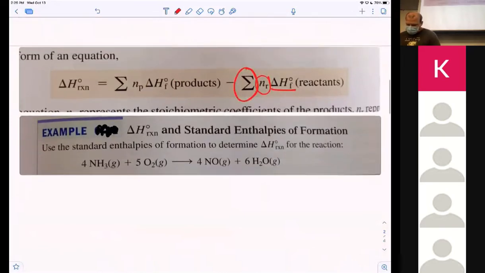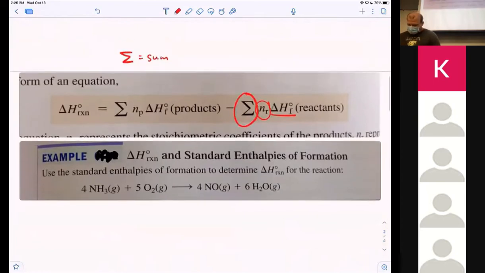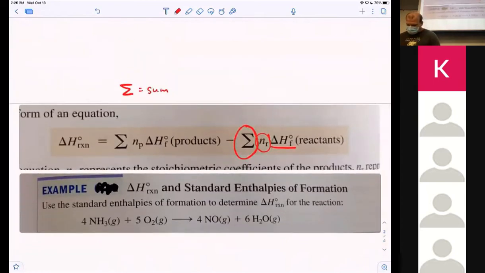Did you guys know that this, geez, I can't write sigma, that this equals sum? Are you familiar with that? Okay. So the sigma series is an arithmetic series. So if you have the sum of n equals 1 to 3 of 1 over n, this equals 1 over 1 plus 1 over 2 plus 1 over 3.